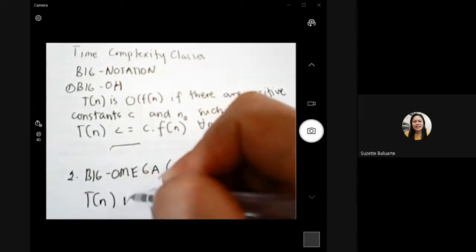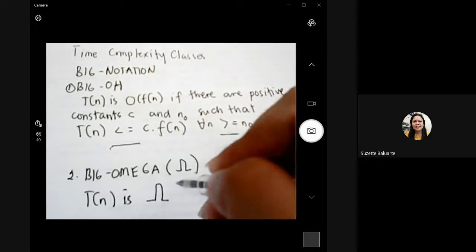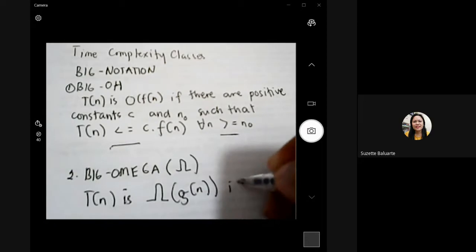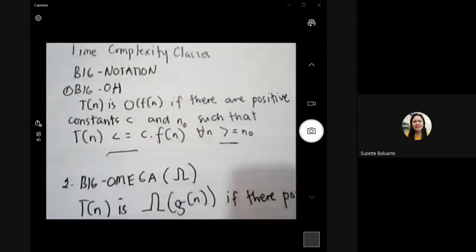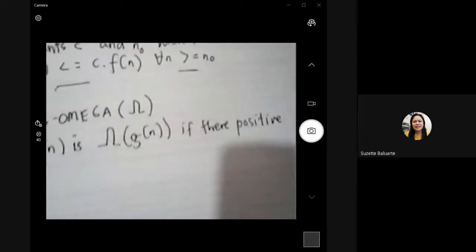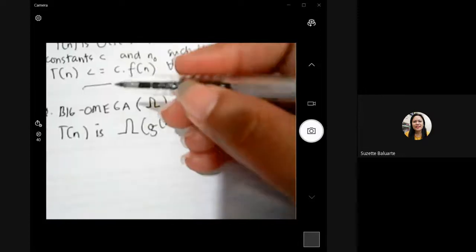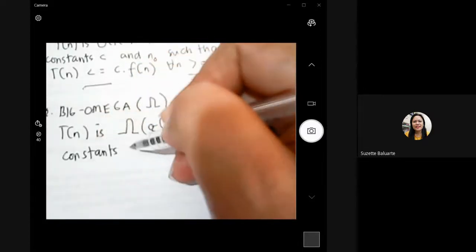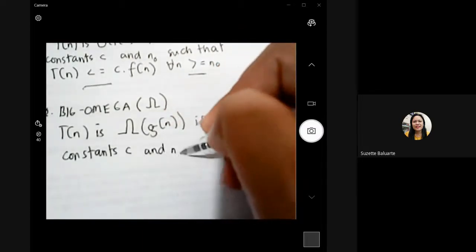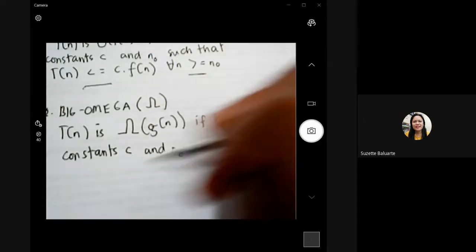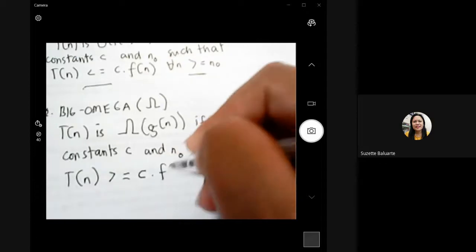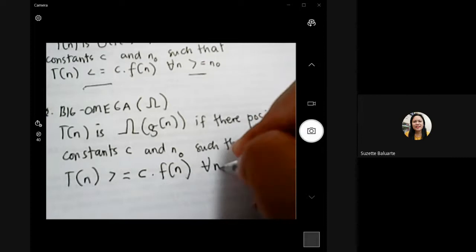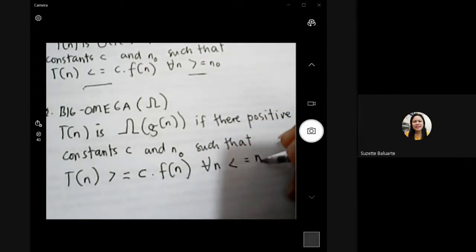T of n is big omega of g of n if there are positive constants C and n sub 0 such that your T of n is greater than or equal to C of f of n for all n less than or equal to n sub 0.